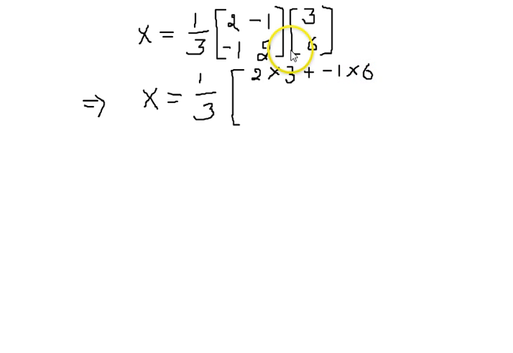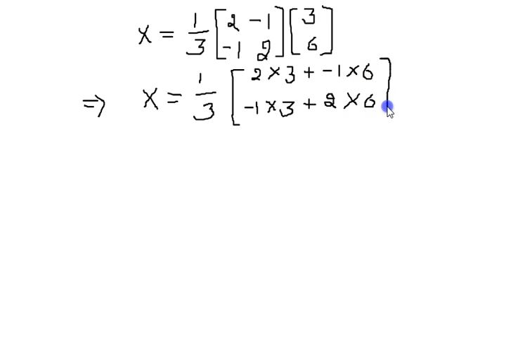And then the second row will be multiplied to the first column, so it will be minus 1 times 3. We are multiplying corresponding elements, plus the second element is 2, and in the column the second element is 6, so 2 times 6.